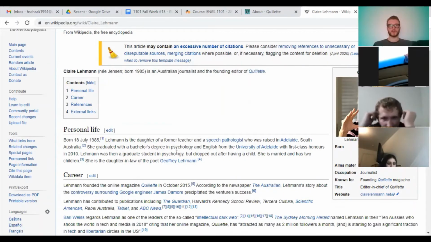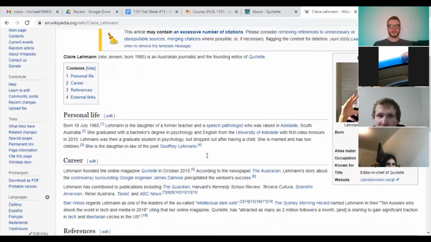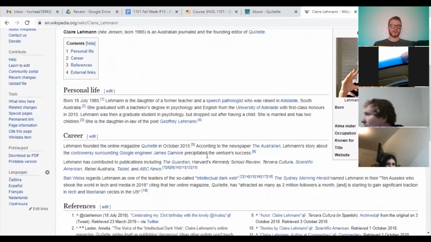Then she went on to do her master's in psychology, but she dropped out and never finished. Okay, so she has a bachelor's degree, which is not really a great qualification to be a journalist. Maybe if she had a bachelor's in journalism, we'd trust her more. It's a little interesting. Well, let's read on and see what it says about her.